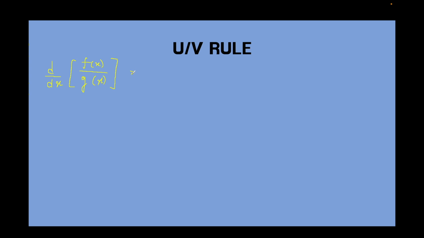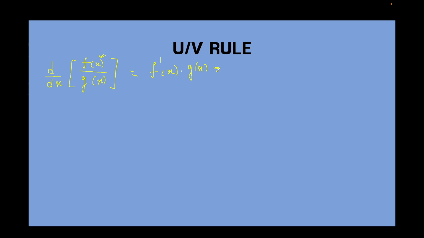Listen to me carefully. I have not pre-written this formula on the screen because I want to make sure you remember it in the class itself. First, we'll take the numerator function and differentiate that, f dash of x. Now multiply with the other function, same as the uv rule, but here you will have a minus sign because it is u by v.